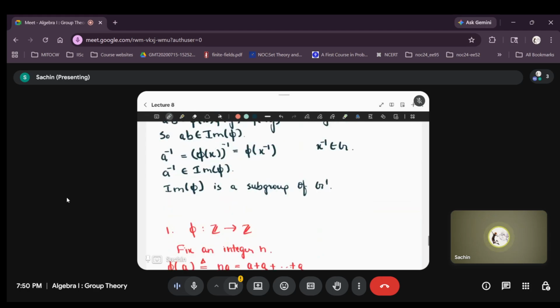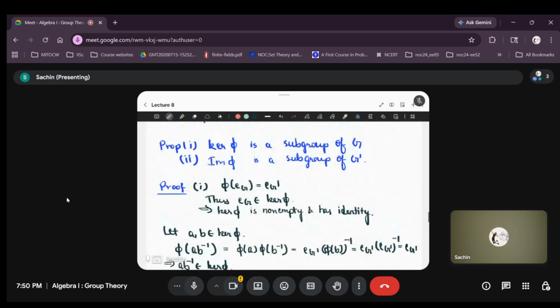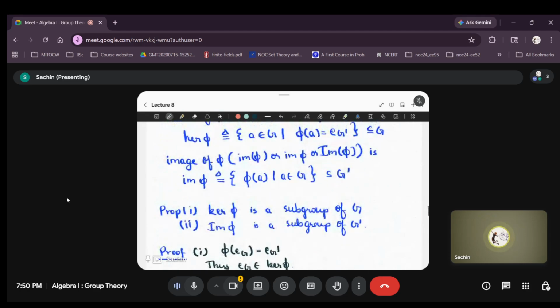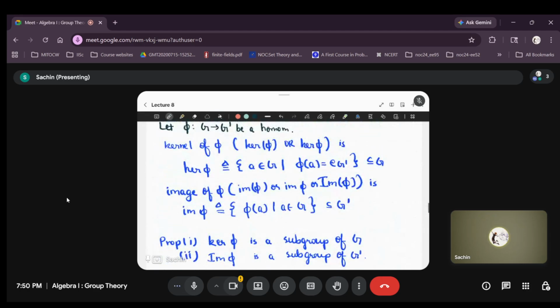Yes, by definition. But for any subgroup, you can always construct a homomorphism such that the subgroup is a kernel. We define a kernel only for a homomorphism.